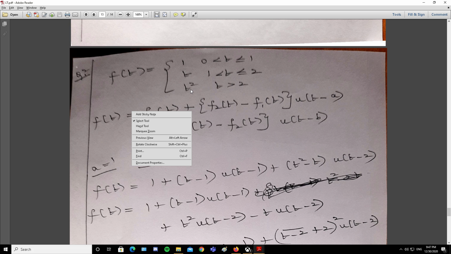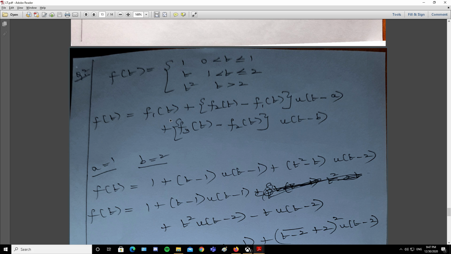So if a function is defined in 3 subintervals, then you should make use of theorem 2. So what is theorem 2? f1 plus f2 minus f1 into u of t minus a plus f3 minus f2 into u of t minus b.